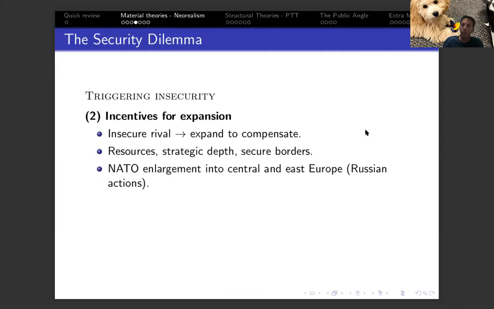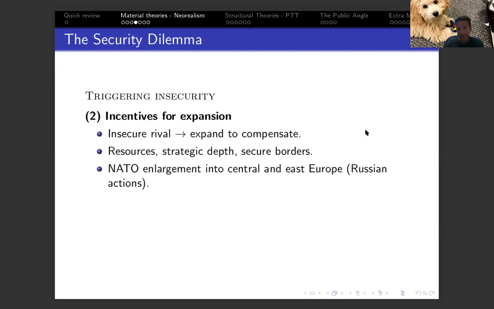That might mean more resources by getting more territory, having more strategic depth, having much more secure borders. So all that might be a response by my adversary to my buildup of forces, my expansion of my security, the way I see it, and overall a decrease in the extent of security in our actions.